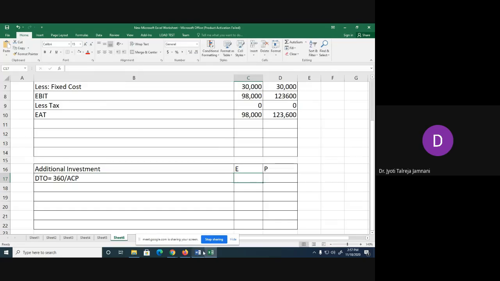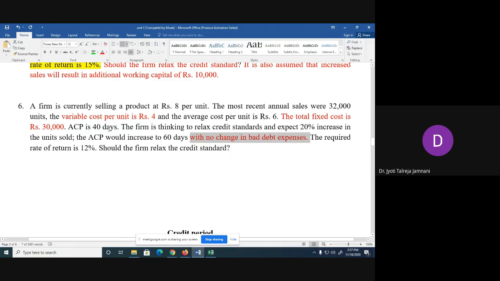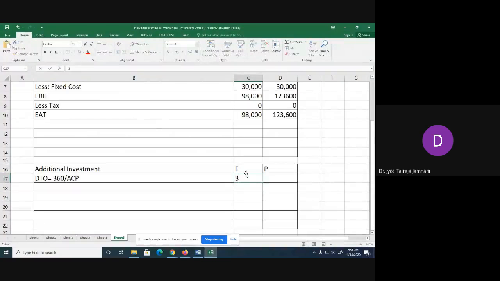In case of the existing plan, what is the average collection period given? 40 days. And in case of the new plan, they have said it would increase to 60 days. So for existing we take 40 days, 360 divided by 40. How much do you get? 9 times.